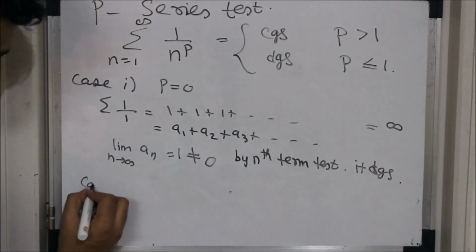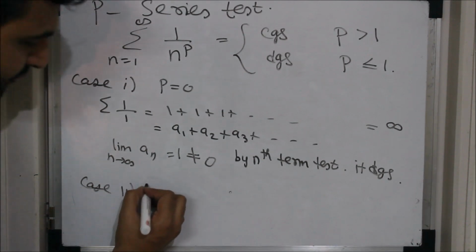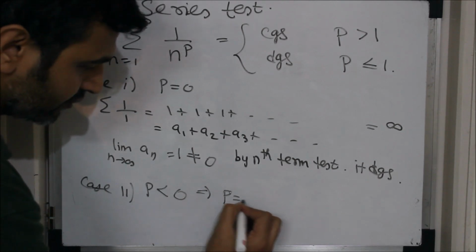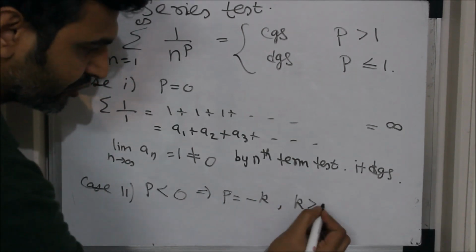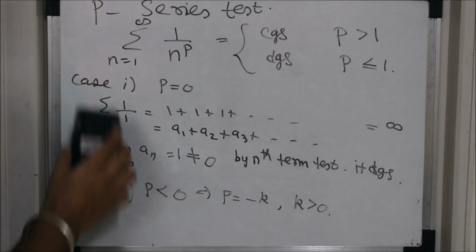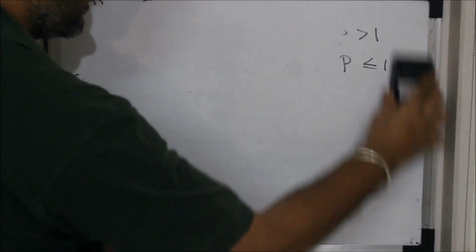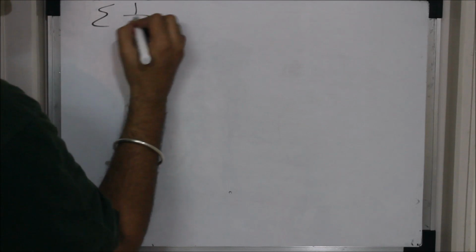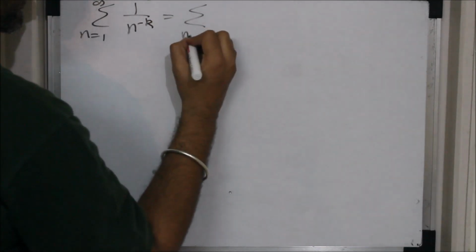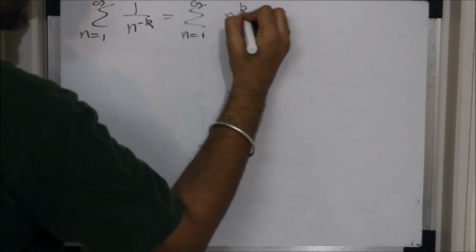Case 2. Suppose your p is negative, p is less than 0. That means your p is equal to minus k, where k is positive, because any negative number is minus of a positive number. So how will the series behave? In that case, the term which was in the denominator will come in the numerator. So summation 1 upon n raised to minus k, n running from 1 to infinity, is summation n running from 1 to infinity of n raised to k.